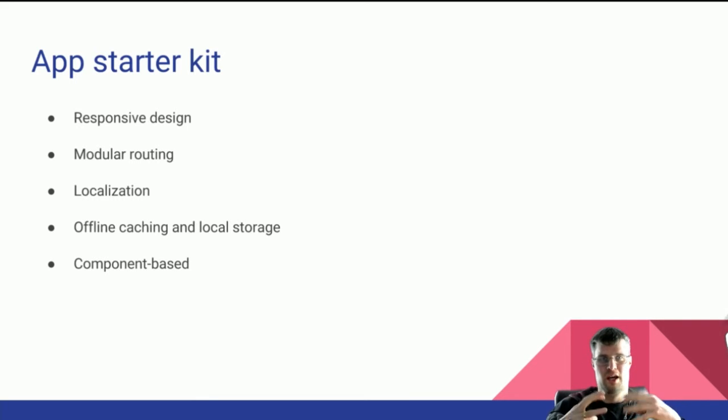This will make your users feel that your application is much faster and nicer to work with, especially if you have a very large application. And everything in the starter kit is component based.